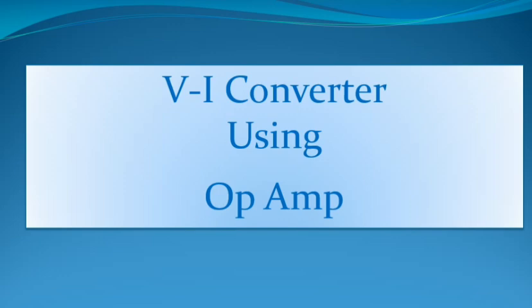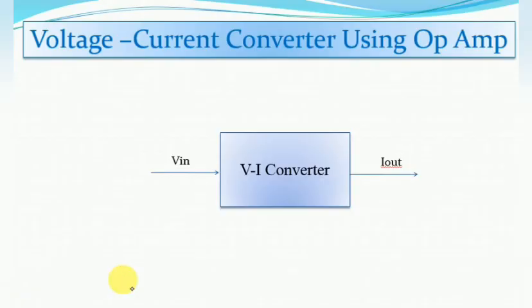Okay, now let us see the V2I converter circuit designing using op-amp. In order to design any V2I converter circuit, first the circuit should accept the input signal as voltage and the output should be measured as a current.